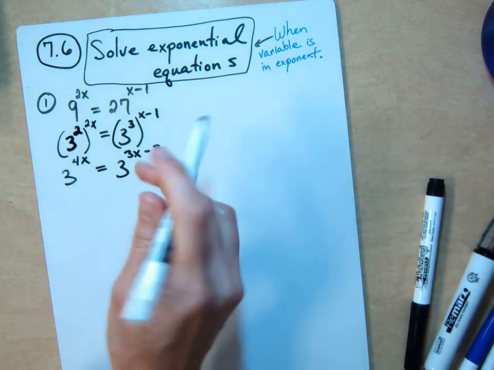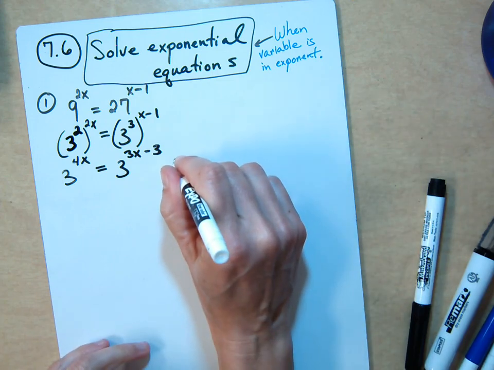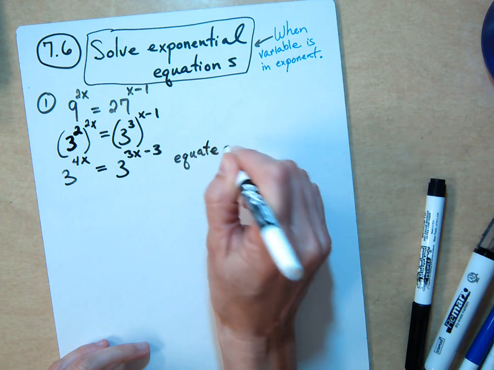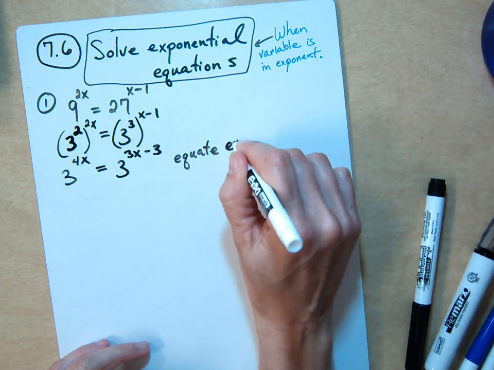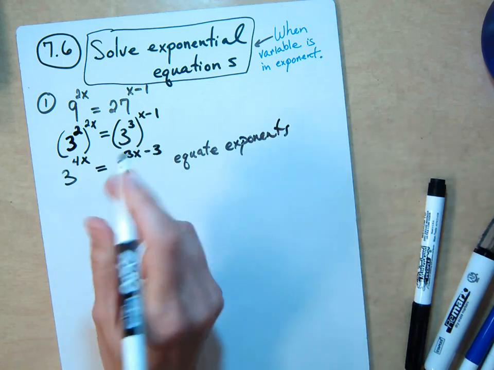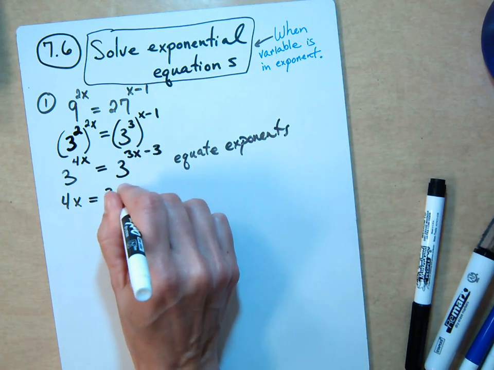And when the bases match like this, what I'm going to do is equate the exponents to each other because they have the same base. So you just write 4x equals 3x minus 3.